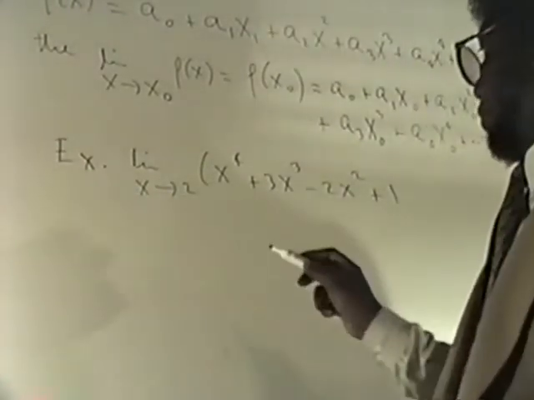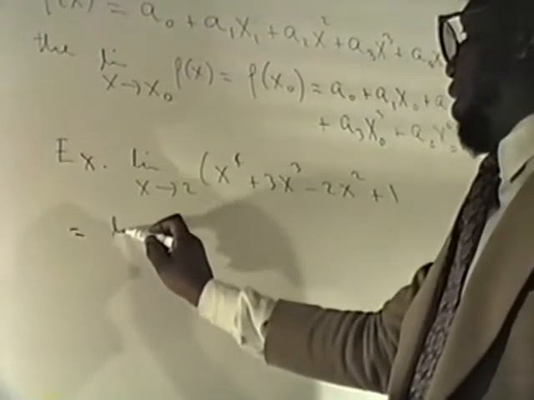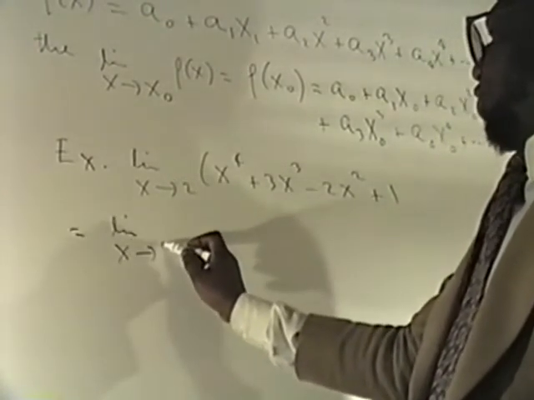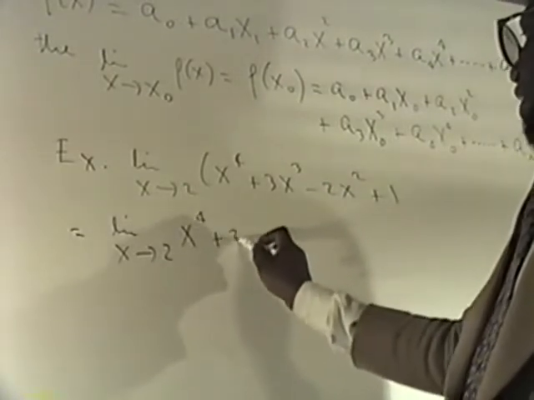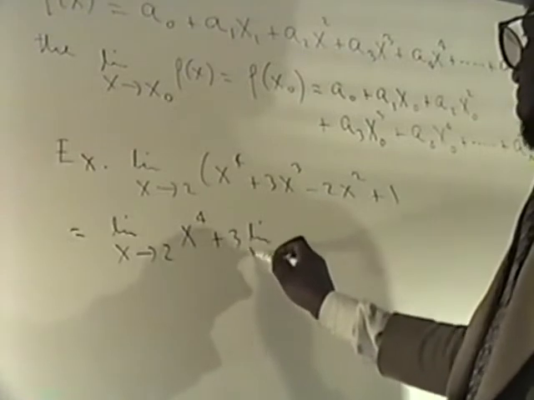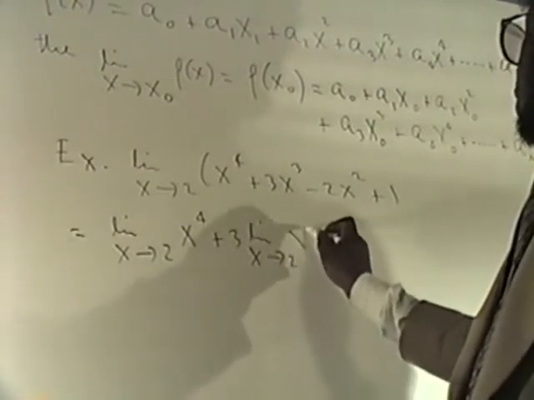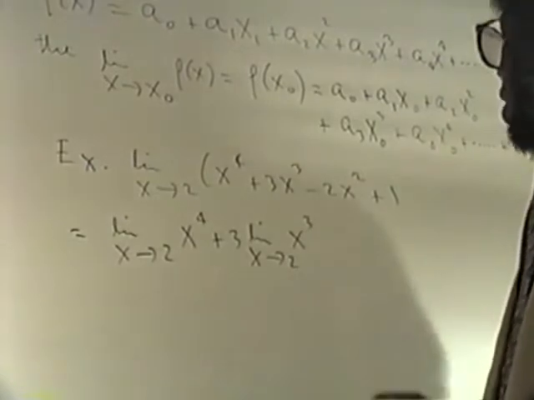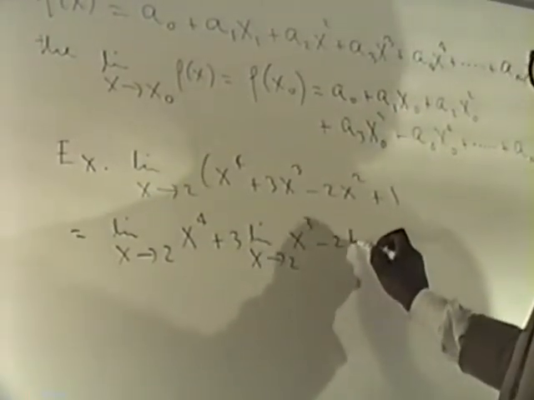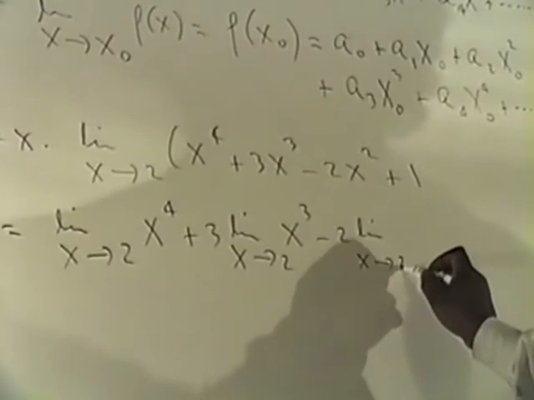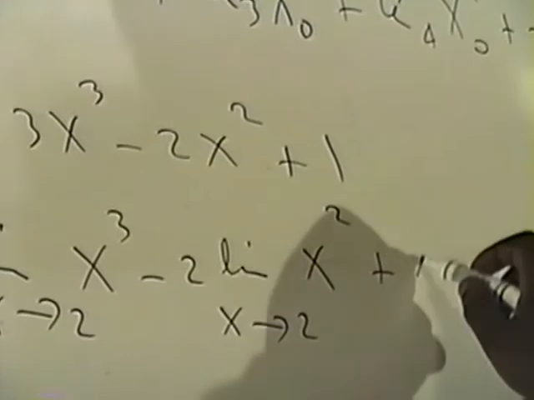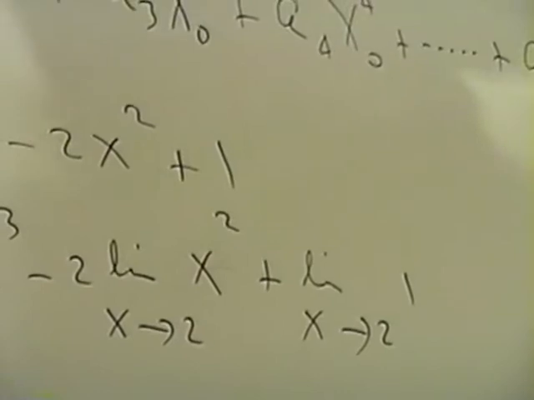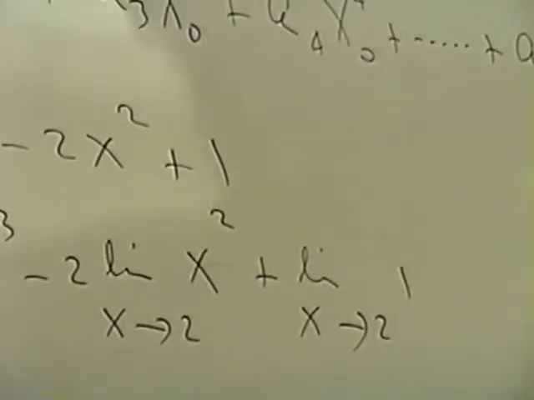Now this is equal to the limit as x approaches 2 of x to the fourth plus 3 times the limit as x approaches 2 of x raised to the third power minus 2 times the limit as x approaches 2 of x raised to the second power plus the limit as x approaches 2 of 1.